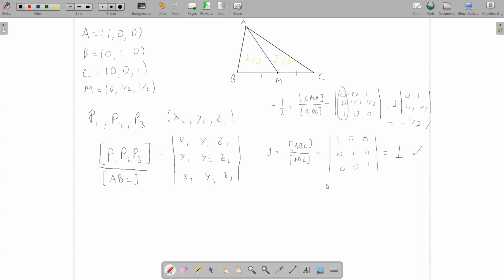Now then, we'll see what are the things we can derive from this area formula. Imagine that P1, P2, and P3 are collinear. Then the signed area of P1, P2, P3 equals 0.